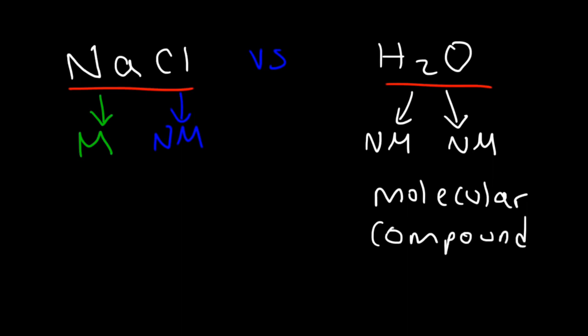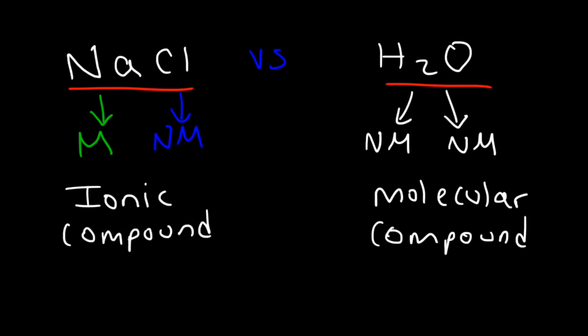In a molecular compound, the electrons are shared between the atoms. So hydrogen and oxygen, they share electrons. In an ionic compound, like NaCl, the electrons are not shared. There's a transfer of electrons.